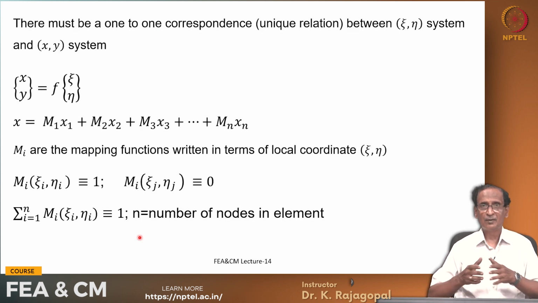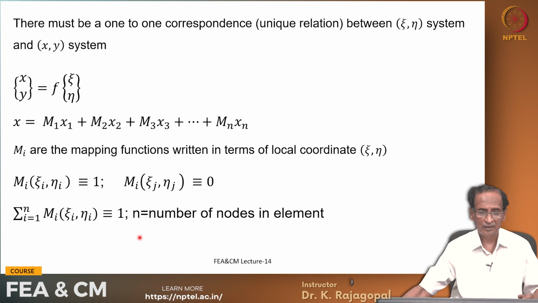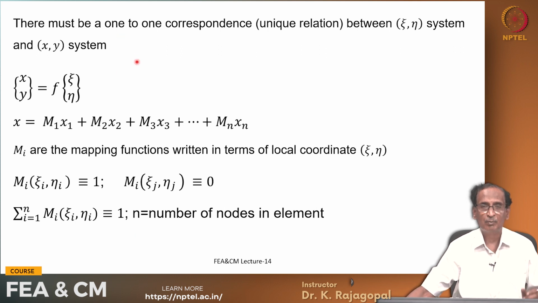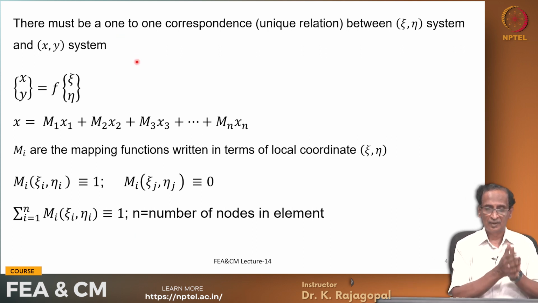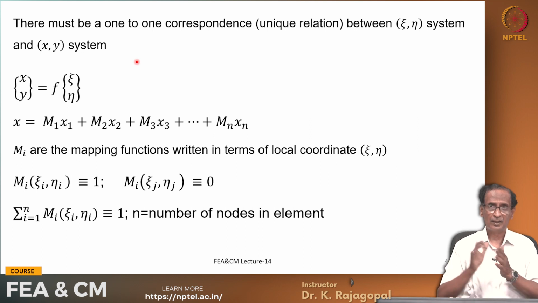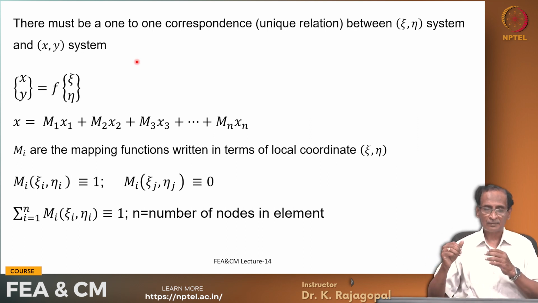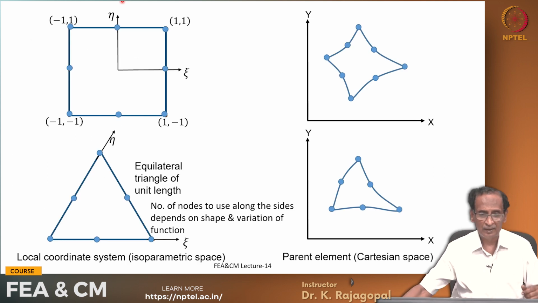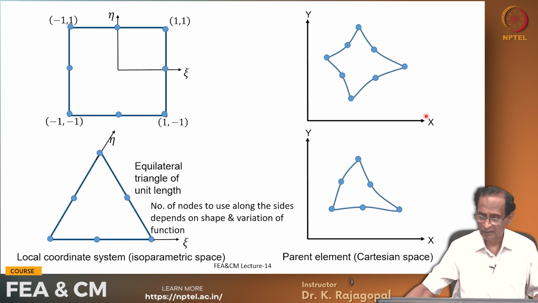And we are going to develop some mapping functions to map between the natural space or the isoparametric space to the Cartesian space. So the natural space is in terms of xi and eta, whereas the Cartesian space is in terms of x and y.